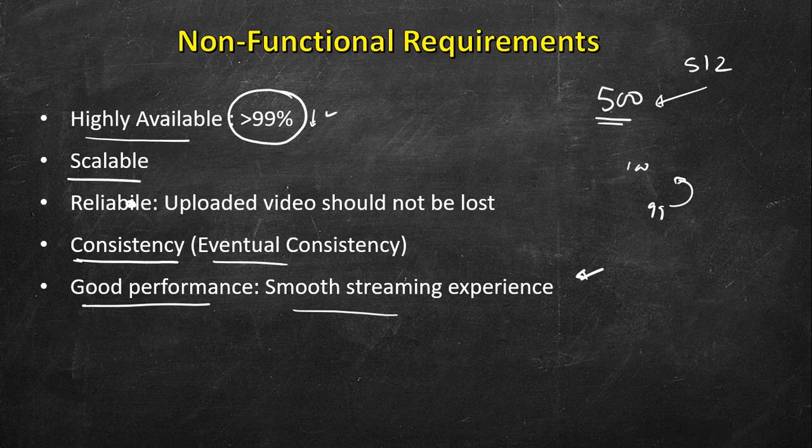For example, depending on the speed of the connection, it can switch from a higher resolution to a lower resolution video. And also some caching mechanism can be used so that it's able to fetch a video which is already popular very quickly to other users.